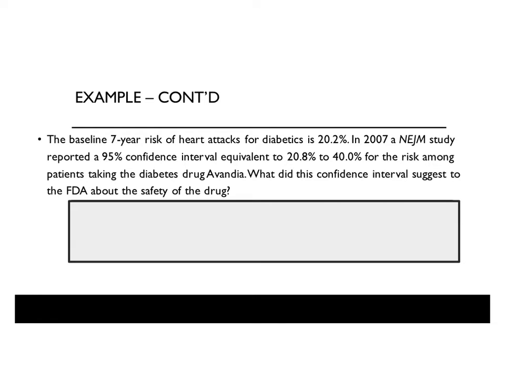What did this confidence interval suggest to the FDA about the safety of the drug? Remember when we did our two confidence level assignments, we compared the end of the confidence interval and the beginning of the confidence interval to our parameter or sample proportion.